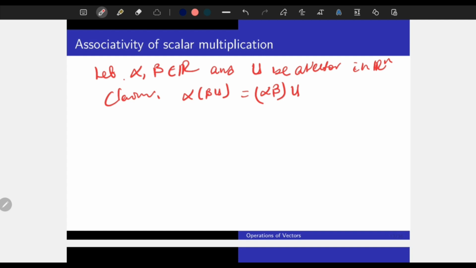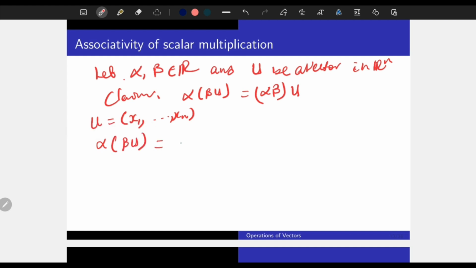So as u is a vector in Rn, it has a representation of x1 up to xn, which are n tuples of numbers. Then what is alpha times beta times u?